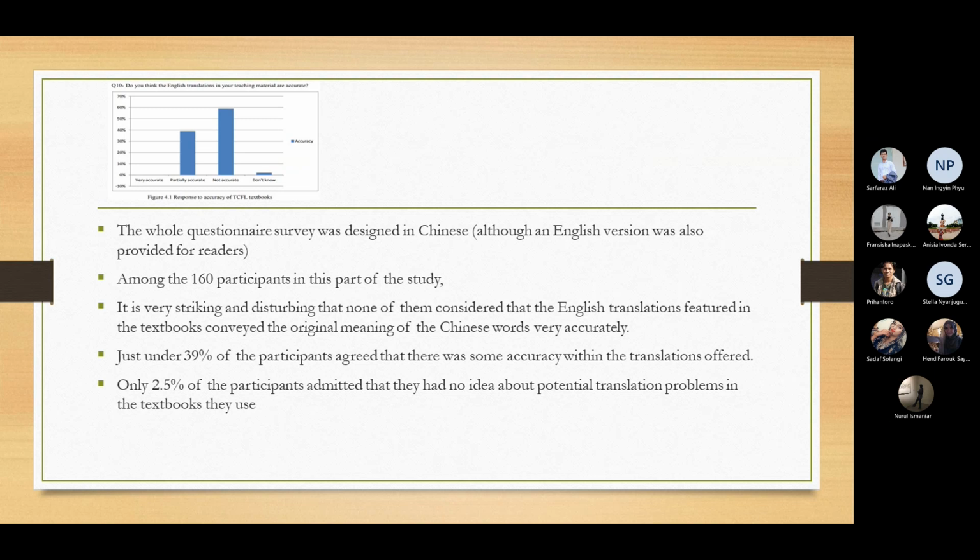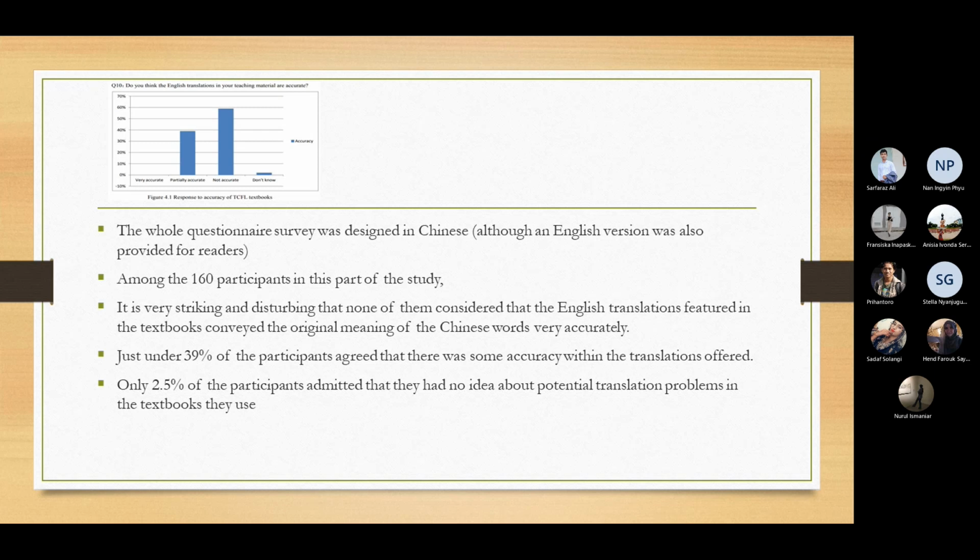Among the 160 participants in this part of the study, as already mentioned, just 39 of the participants agreed that there was some accuracy within the translation offered. So just 39%.